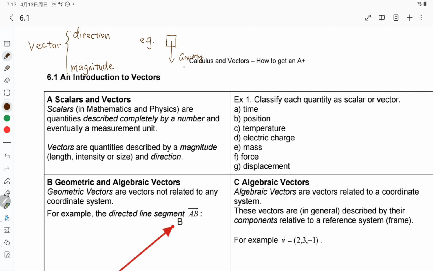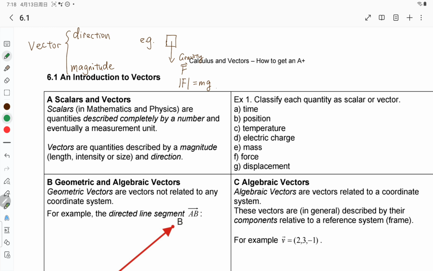So you have the magnitude, let's say F, and the magnitude would be mg, right?